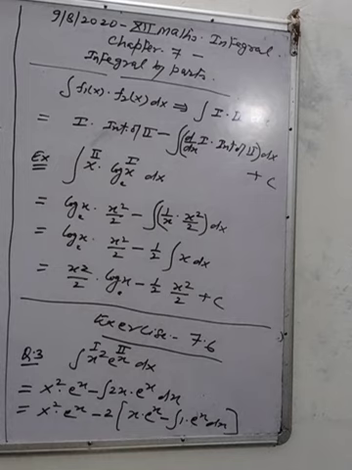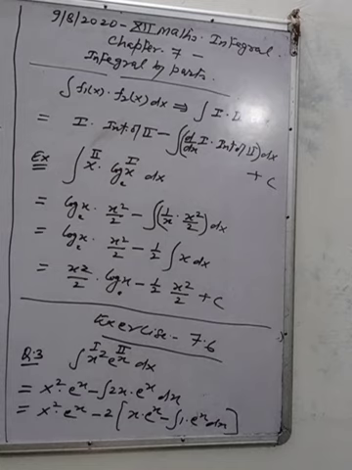Remember, in a product of two functions, if both functions can be easily integrated and one of them is in the form of x to the power n, then x to the power n will be taken as first. Why? Because after differentiating, its power will reduce, and the other is taken as second.